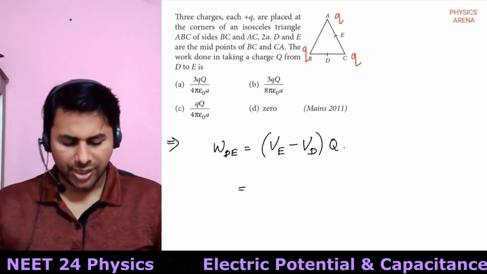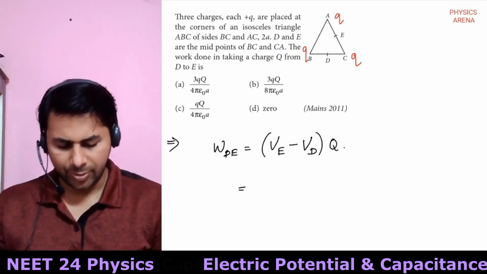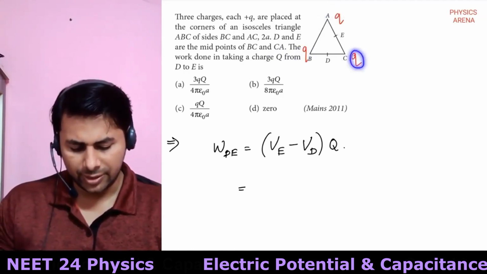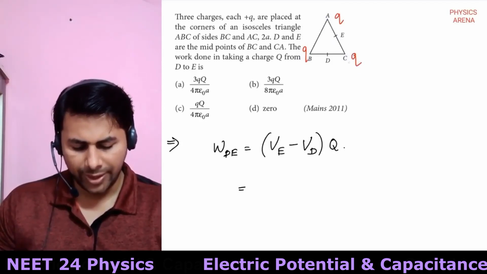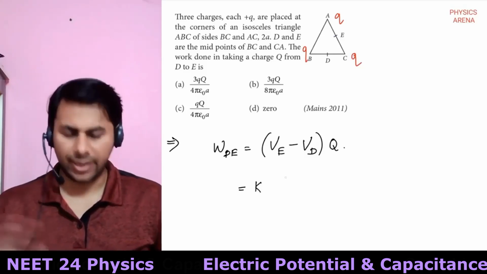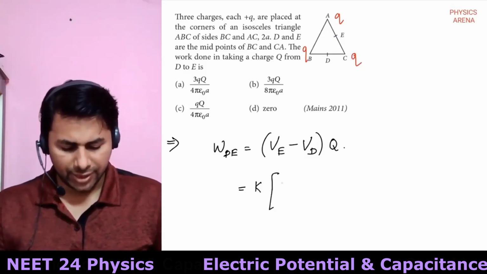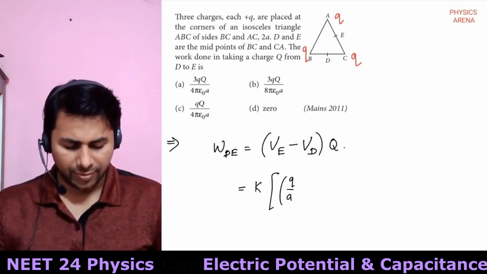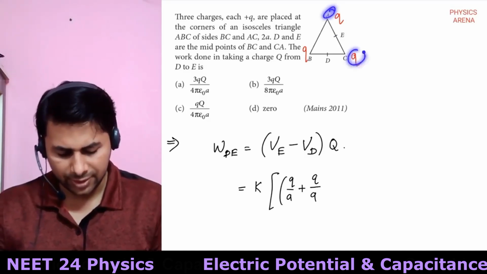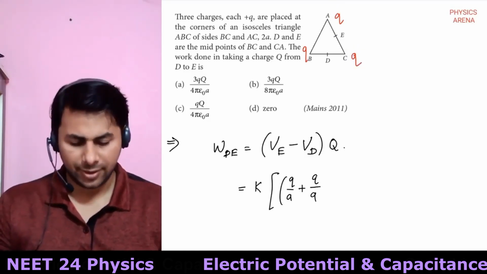So what is potential at E? It is the potential due to this charge and this charge. Because of this and this, it is Q upon A and Q upon A. You can take constant K. Potential at E is Q upon A plus Q upon A due to this charge and this charge, right?